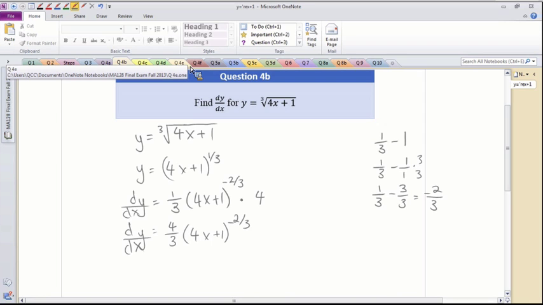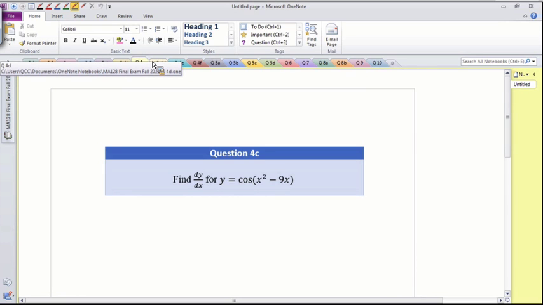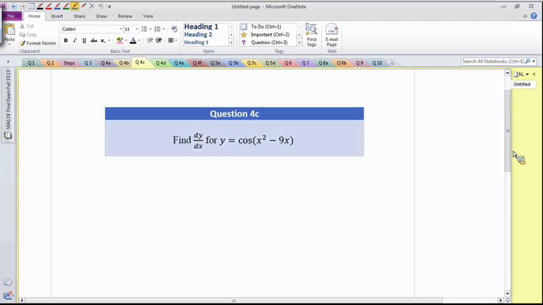So if there's no questions, we'll move on to question 4c. Find dy dx for y equals cosine of x squared minus 9x.